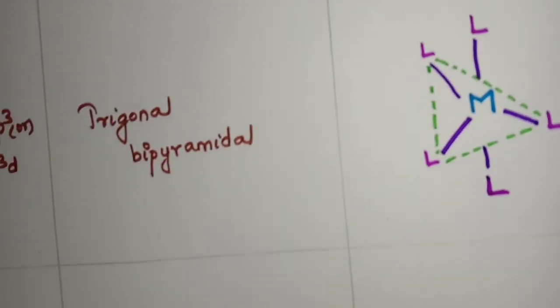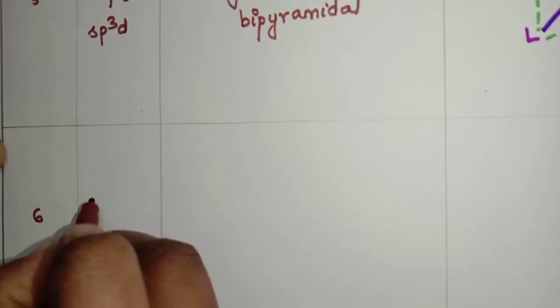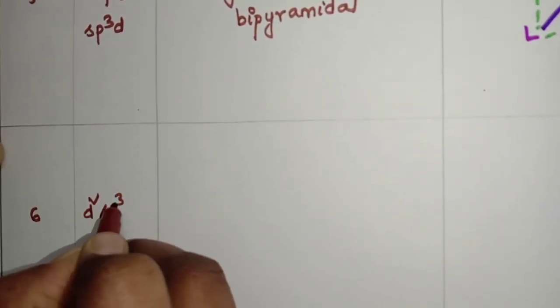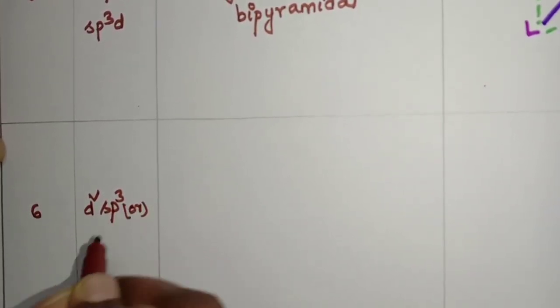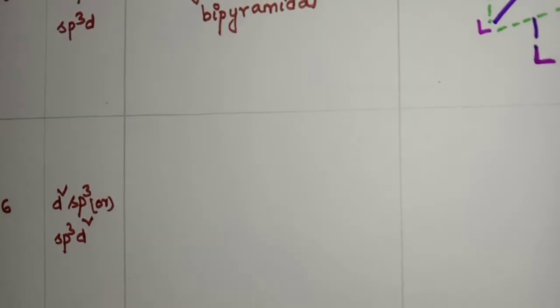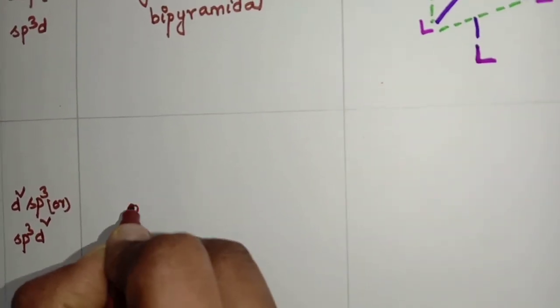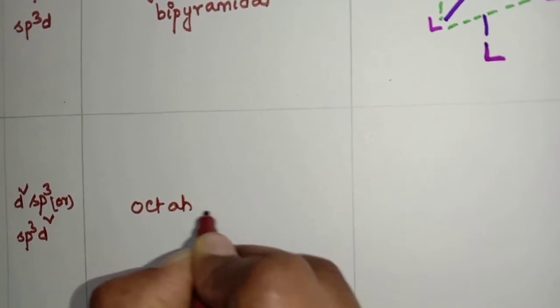And the last one, when the coordination number is 6, the hybridization would be d2sp3 or sp3d2. Anyway, you can call it d2sp3 or sp3d2, and the shape of the complex would be octahedral.